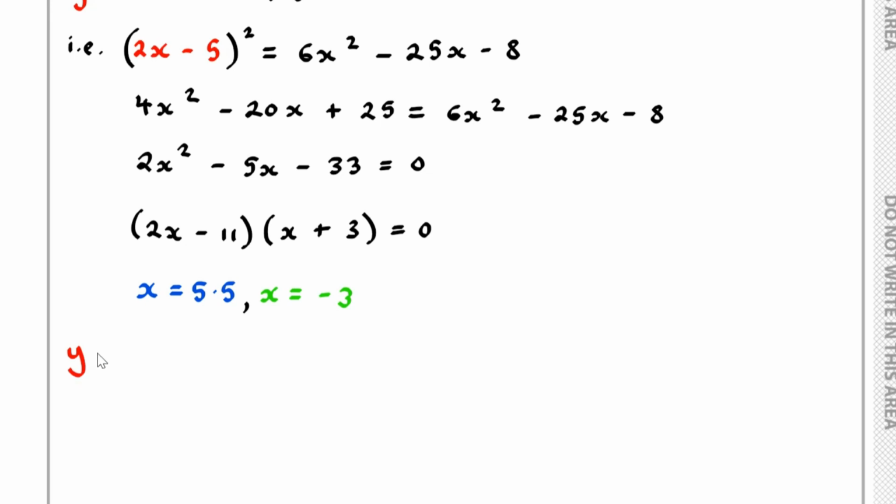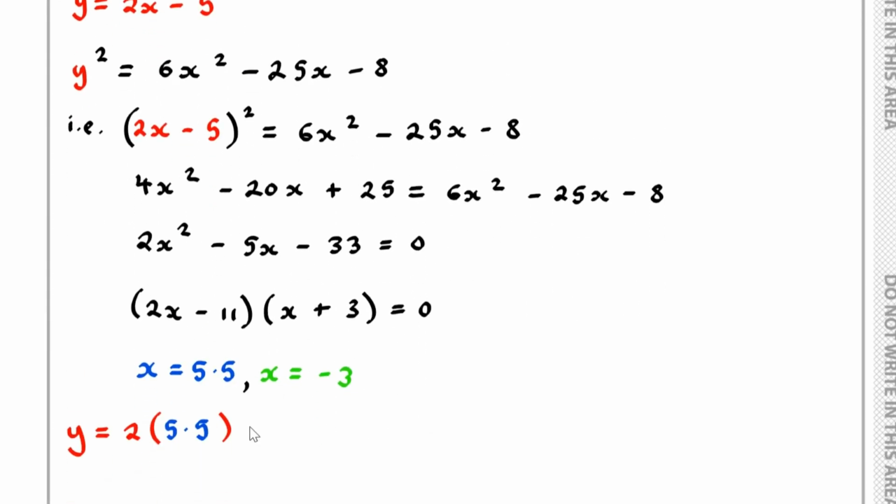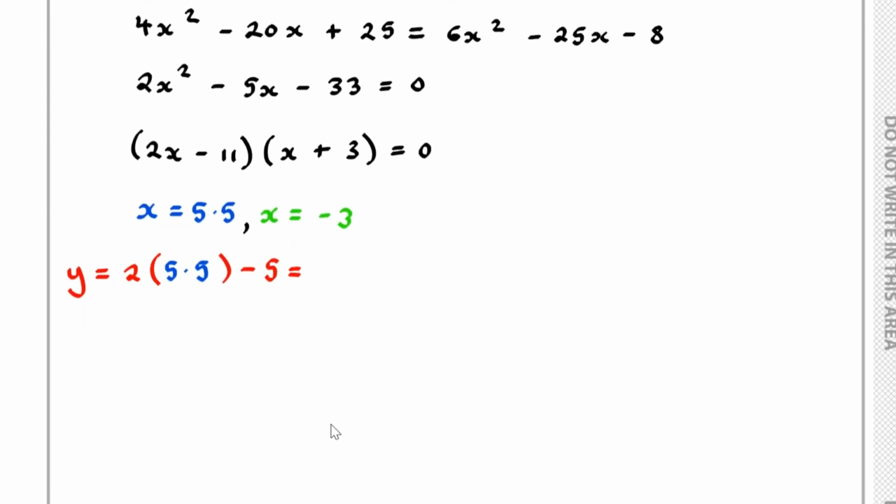So y will equal 2 multiplied by 5.5, and then I've got the minus 5. So it turns out here we get 6, and we also have y equals 2 times minus 3 minus the 5, so that's minus 6 minus 5, that's minus 11.